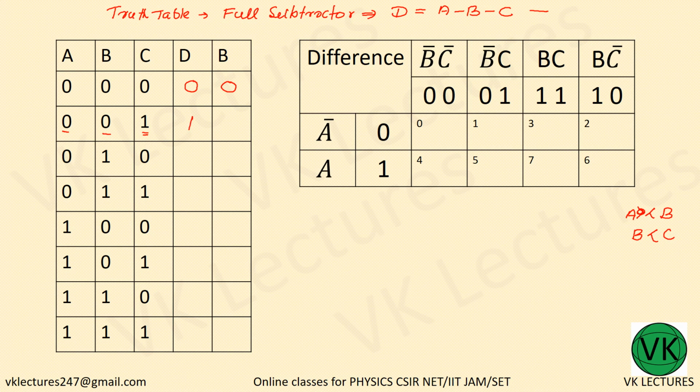And what about borrowing? Since 0 minus 1, I am subtracting from a lower value, so I have to borrow. Here also 0 minus 1, I have to borrow. So here 1 is the difference. Yes, there is a borrowing.